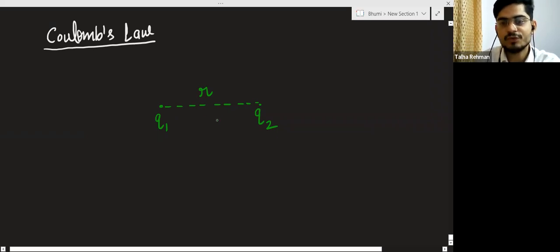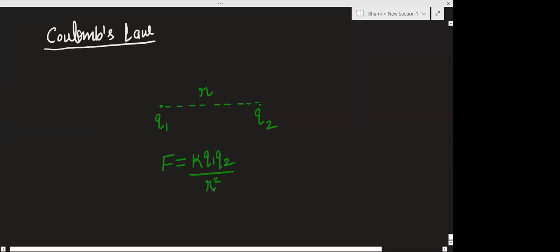and the force of interaction is given by k q1 q2 divided by r square.